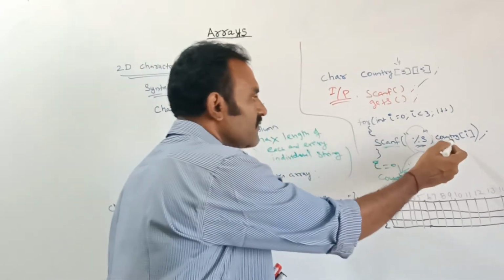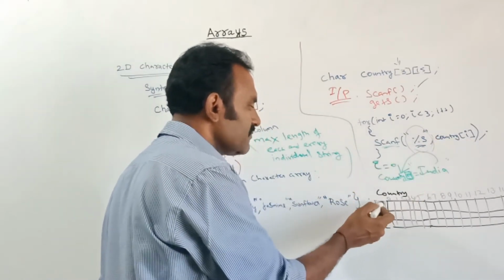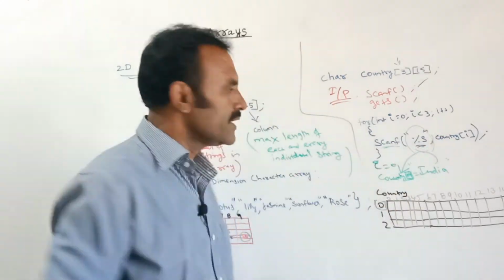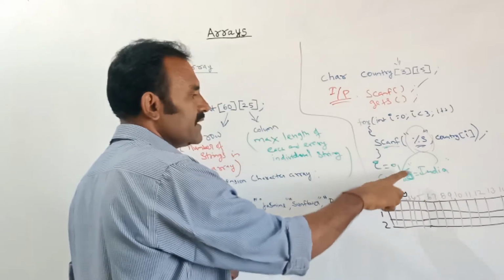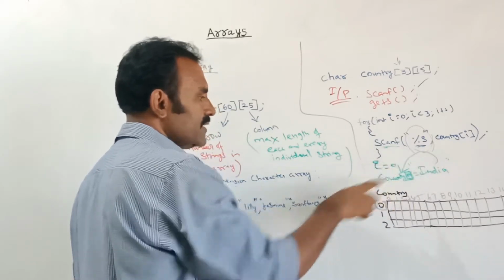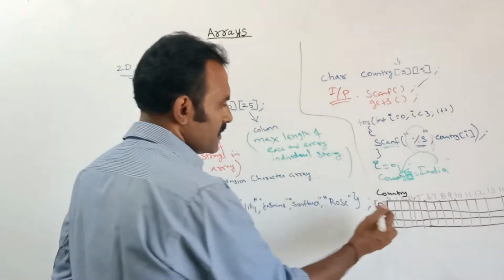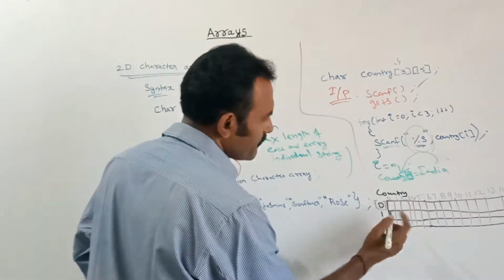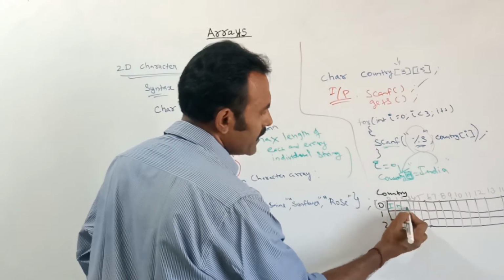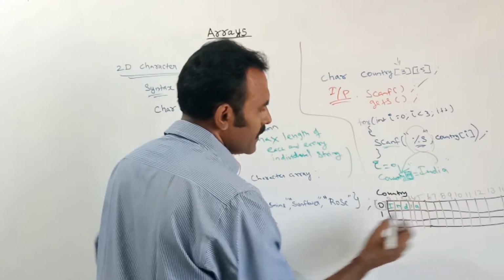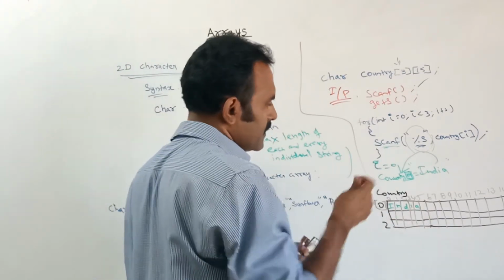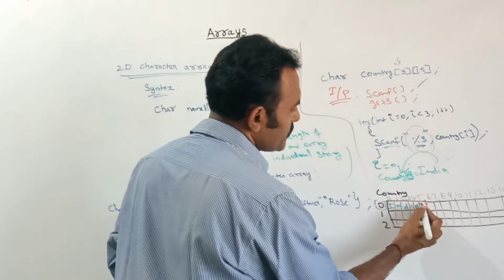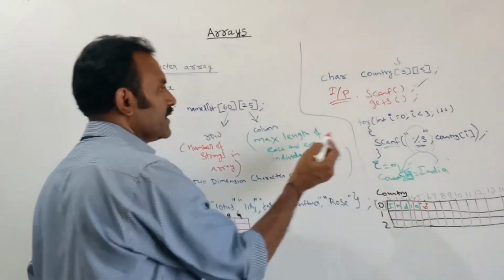So here, country of 0th value, I am going to store the array of characters. That is the very first input. If you are giving India, this country name will be stored at this location, country of 0th location. INDIA, at the last position the \0 is assigned by the system when we are using this scanf or gets function.